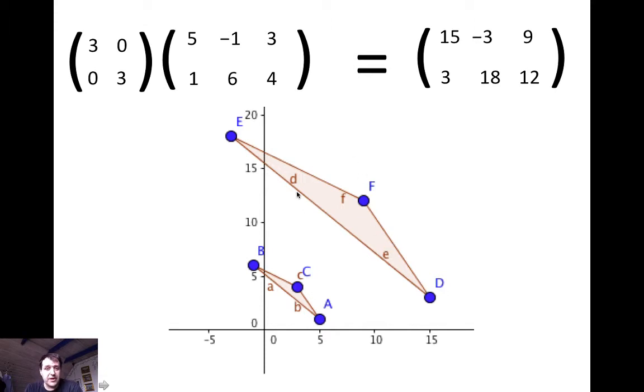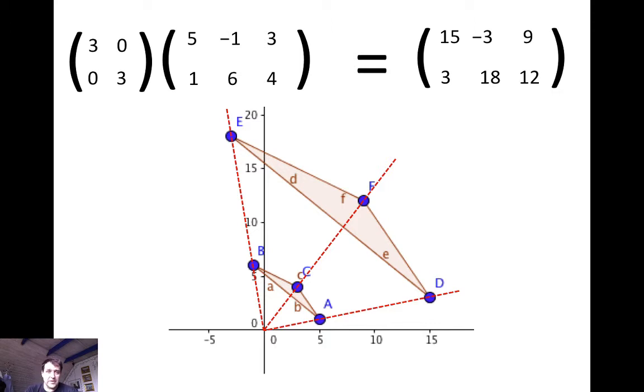So multiplying something that kind of looks like the identity matrix, but it's got bigger numbers than 1 in, will give you an enlargement. And in fact, it gives you an enlargement, in this case, of scale factor 3, with the enlargement centered at the origin, 0, 0.